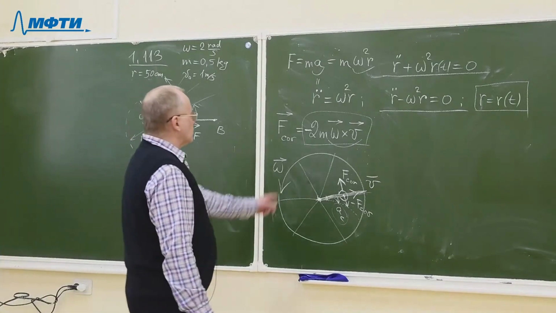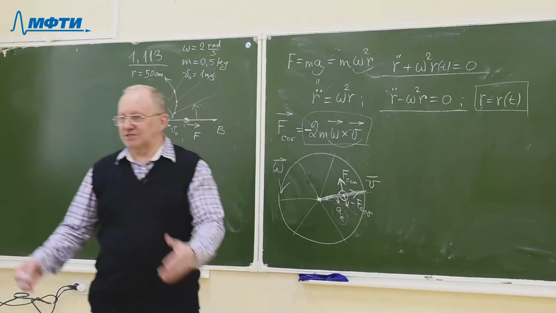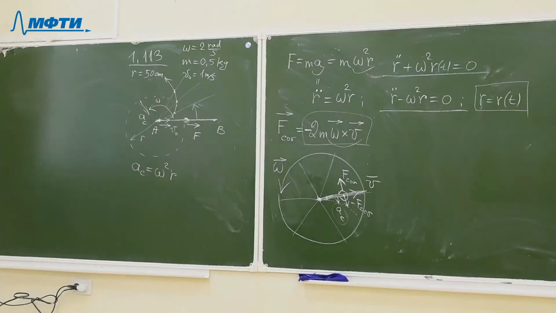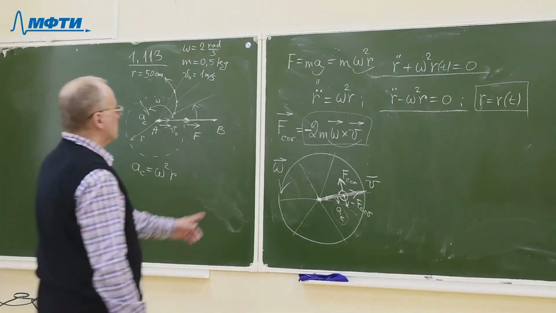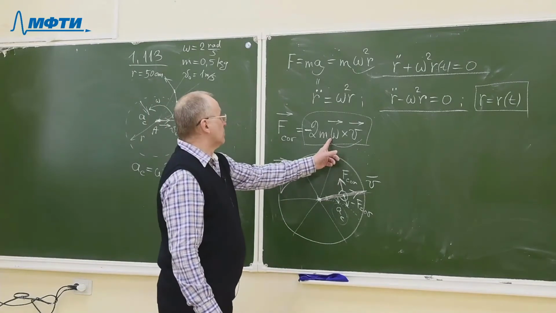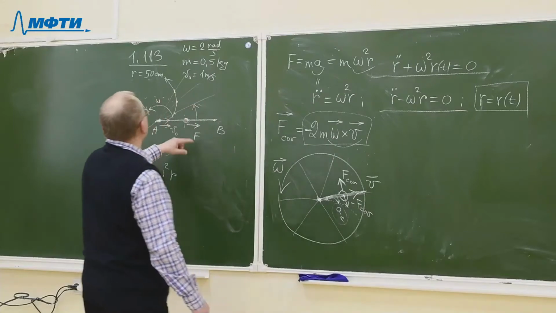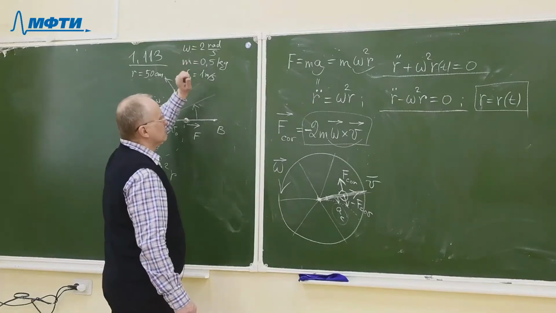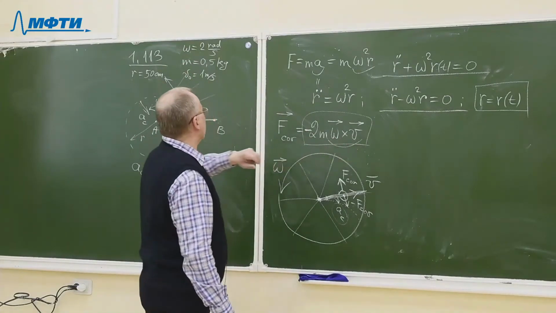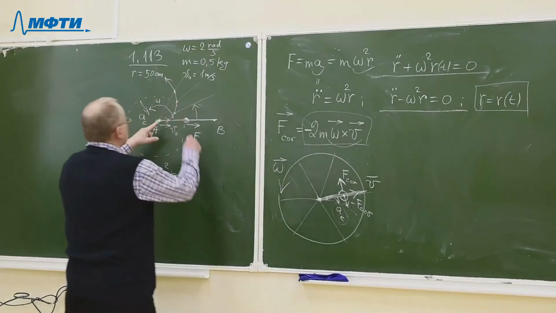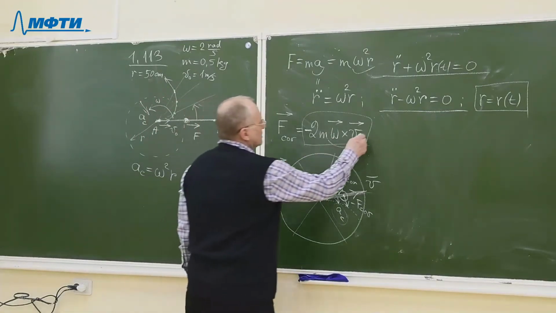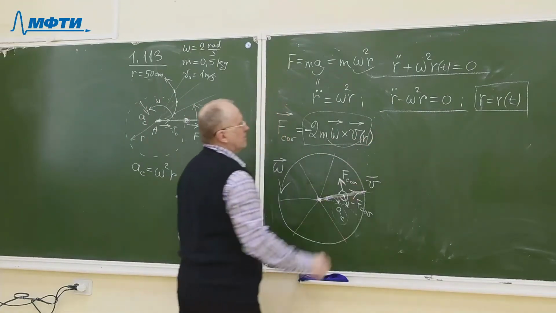So, in order to calculate the Coriolis force, which is our goal according to the statement of the problem, we must know the mass, it's given, we must know the angular velocity of rotation, it's given in the problem, and we must know the velocity of the ring at a certain distance r.